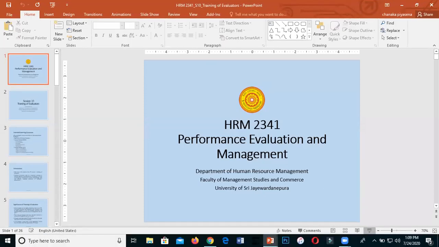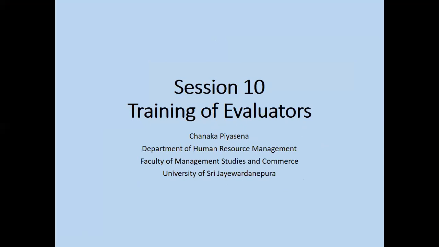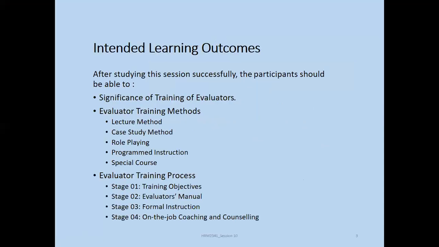This is session number 10, training of evaluators. These are the intended learning outcomes, ILOs, of today's session. After completing this session successfully, participants should be able to describe the significance of training of evaluators, and evaluator training methods.